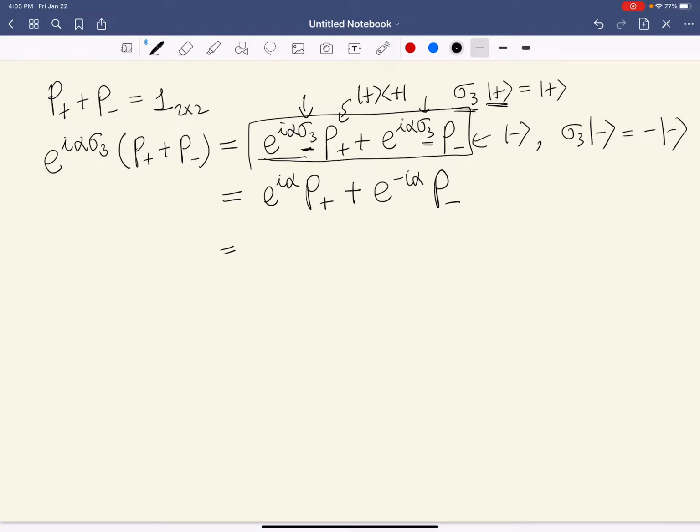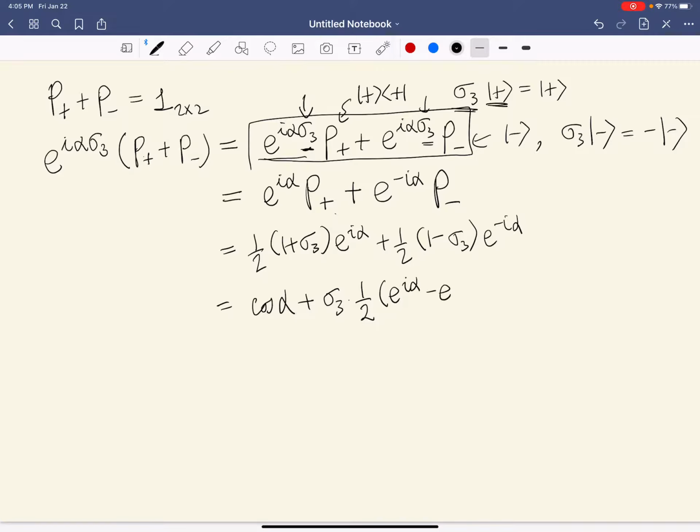Okay, but remember that P plus was just 1 plus sigma 3, and P minus was just 1 minus sigma 3. So now it's a matter of simple algebra to show that this becomes cosine alpha plus sigma 3 multiplying 1/2 (e^{i alpha} minus e^{-i alpha}), which is cosine alpha plus i sigma 3 sine alpha.